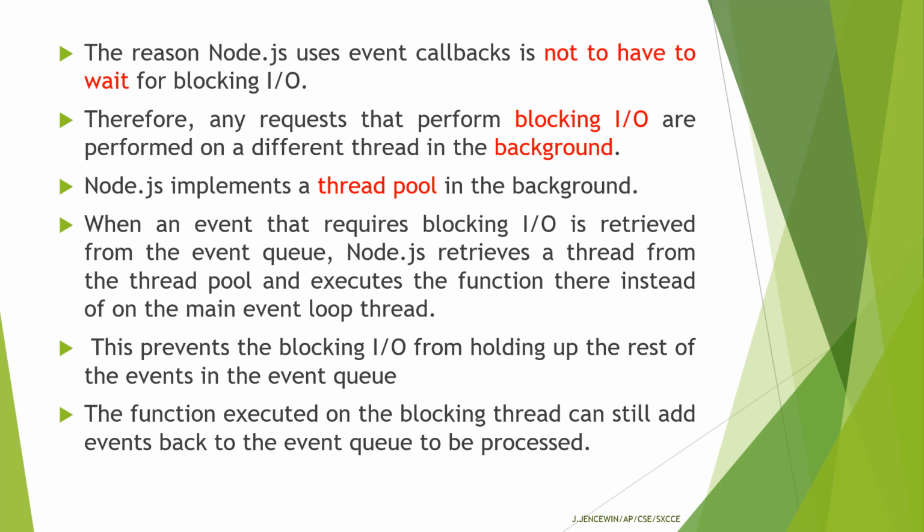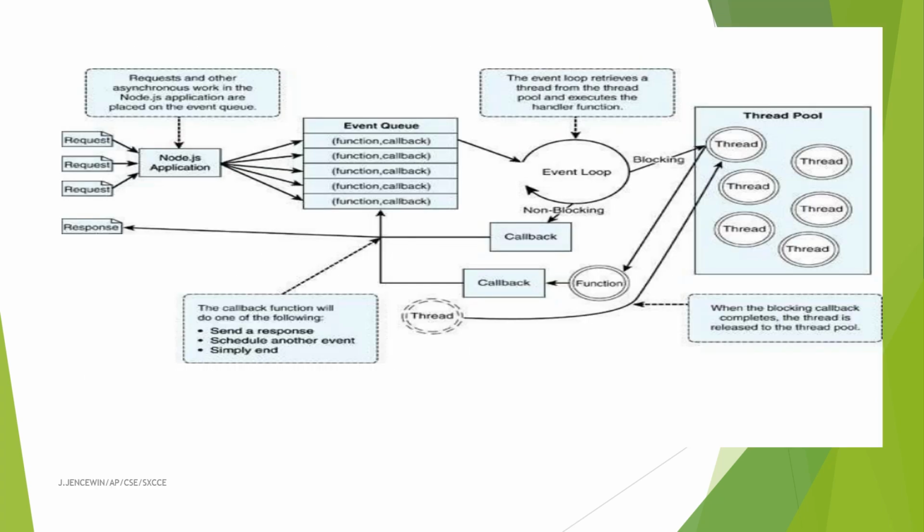So when it receives any blocking request, that is given to the thread pool. This prevents the blocking IO from holding up the rest of the events in the event queue. When it is executed, it is added again into the event queue and the further processing proceeds. That is what happens in the case of Node.js.